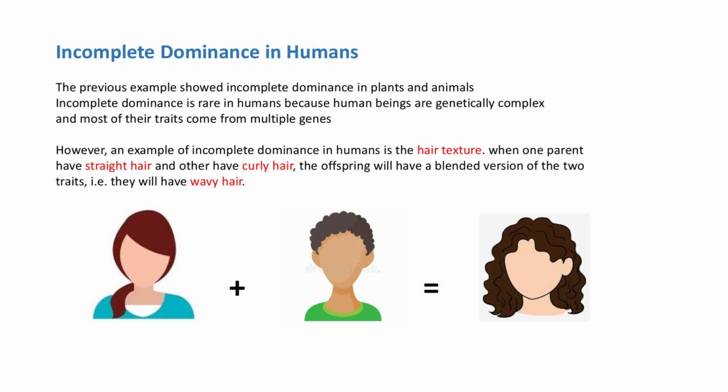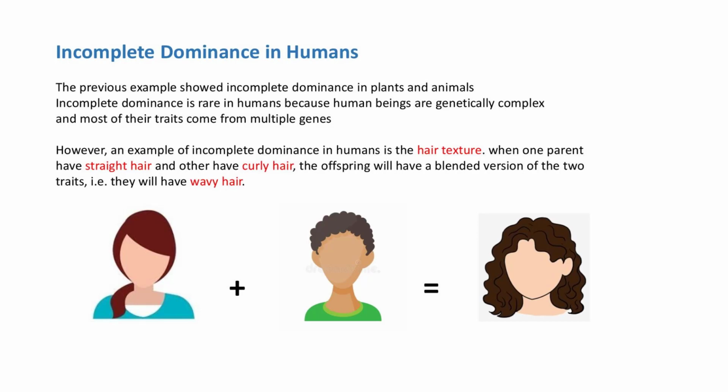Incomplete dominance in humans. Incomplete dominance is a phenomenon that usually occurs in plants and animals, but it is not common in humans because human beings are genetically complex and their traits come from multiple genes. One example of incomplete dominance in humans is hair texture.